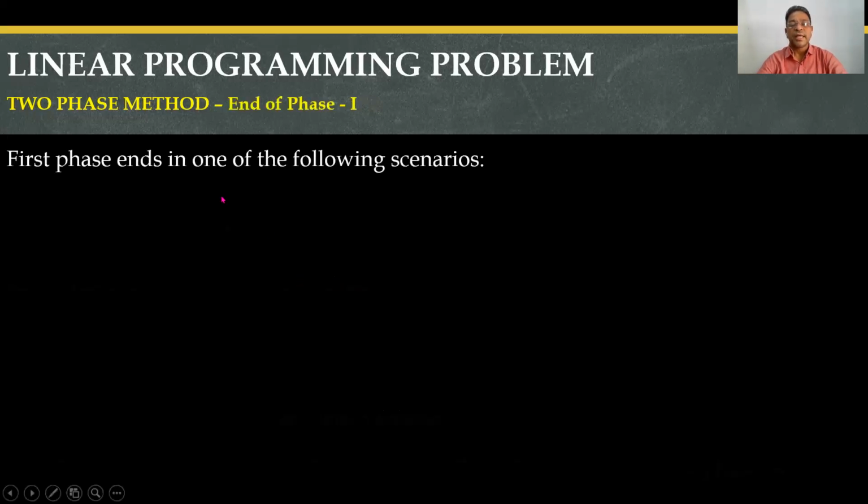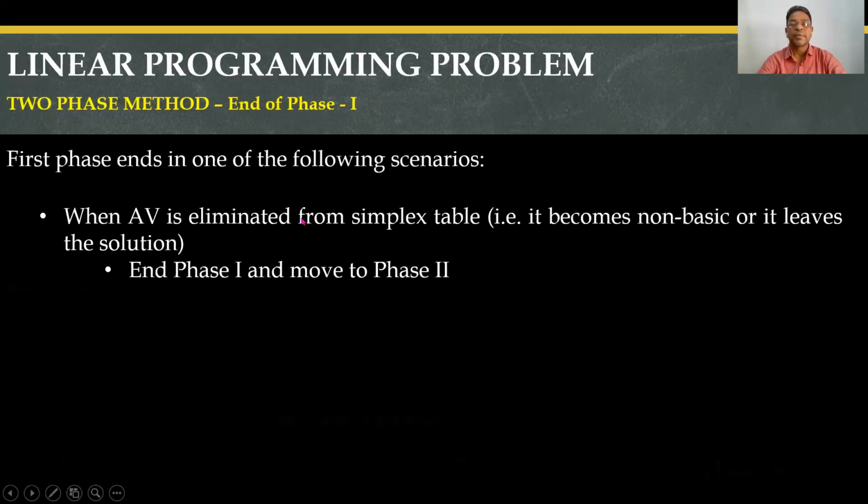The first phase ends in one of the following scenarios. When the artificial variable is eliminated from the simplex table, that is, it becomes non-basic or it leaves the solution. If the artificial variable becomes non-basic or leaves the solution, it means that the artificial variable is eliminated from the table. Then end phase 1 and move to phase 2.